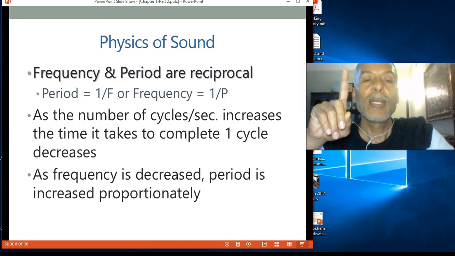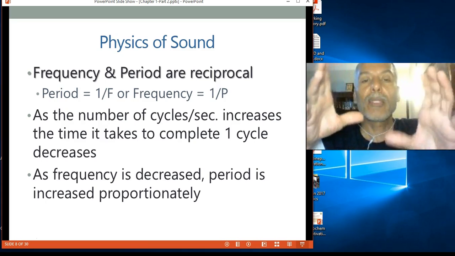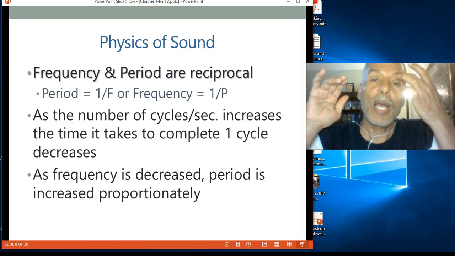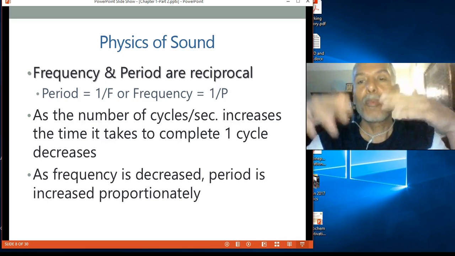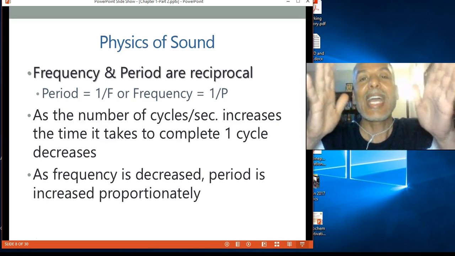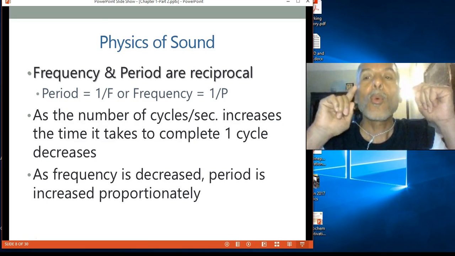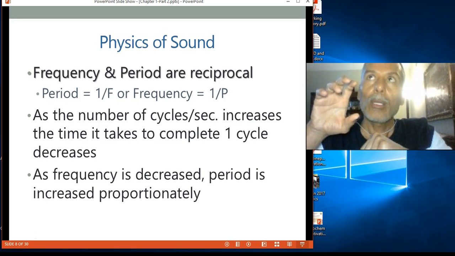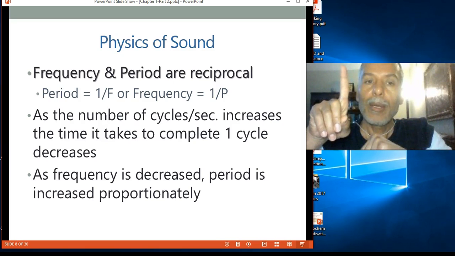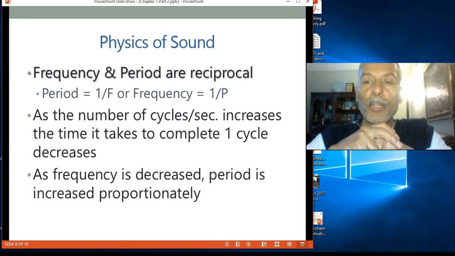1 is the unit of time that the whole thing has to occur in. 1 is the 1 second. I told you that frequency is the number of these that happen in a single second. So 1 stands for 1 second. And if you want to figure out period, what is the length of 1 vibration in 1 set, then you divide 1 second by the total number of vibrations.